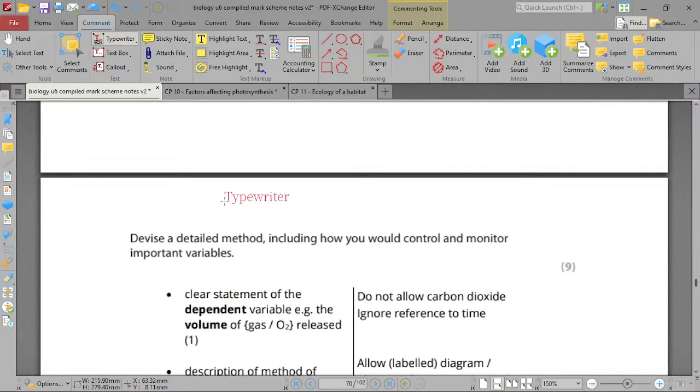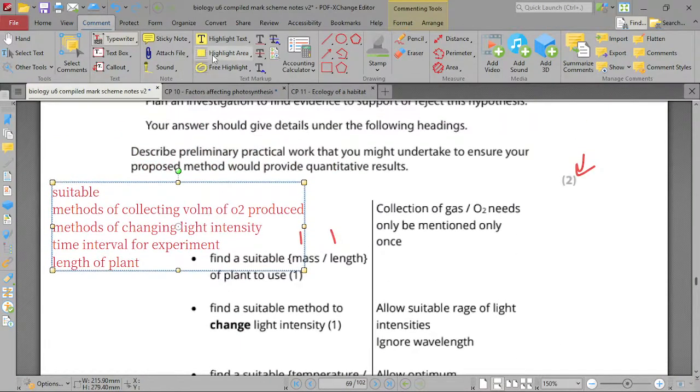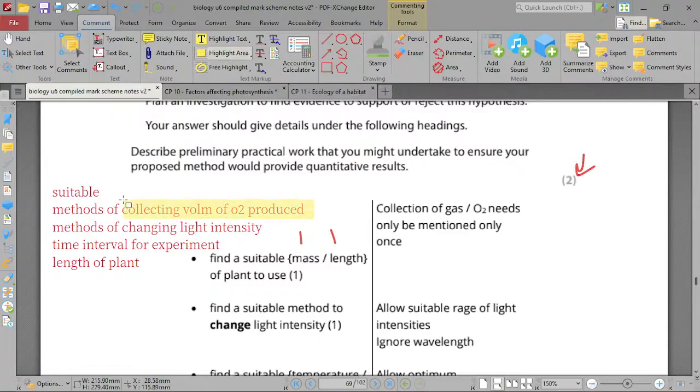It's exactly the same as over here, where first we want to figure out the method of collecting the dependent variable, how we can change the independent variable, and then how do we change the control.